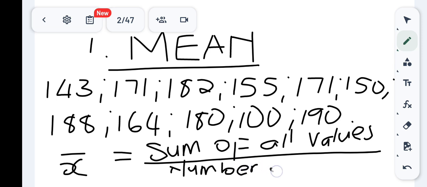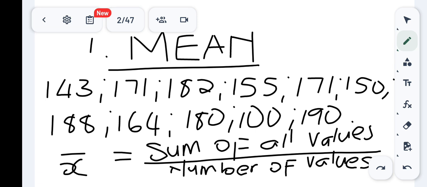So if in this case we want to calculate the average mean, we will add all these values and then divide by the number of values. So let's do it together. We need to add 143, 171, 182, and then all those numbers. And after that, divide by the number of these values.